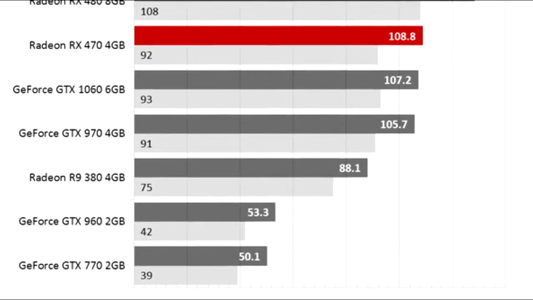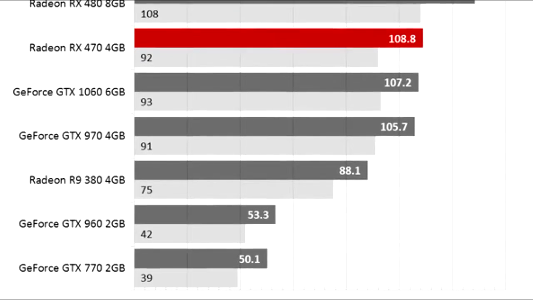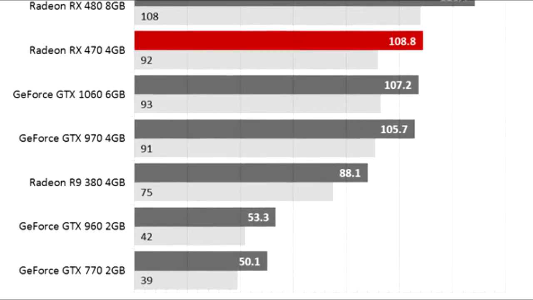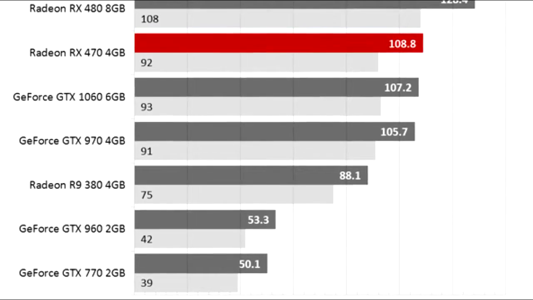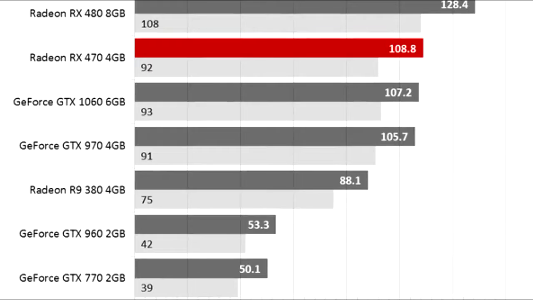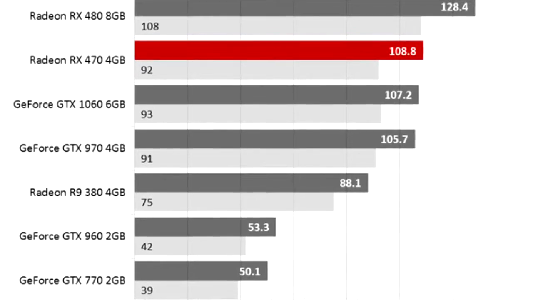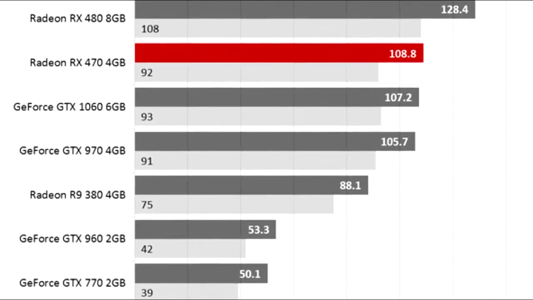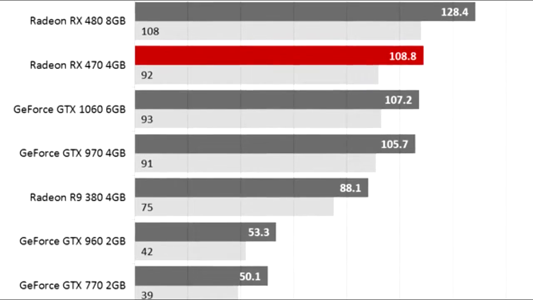I'm mainly gonna be playing Battlefield 1, and I hope it comes out with DirectX 12. It is coming out with DirectX 12, and I hope it also has support for Vulkan, so I can get better FPS. And you can see the GTX 970, the 4GB variant, is at about 105 frames per second.